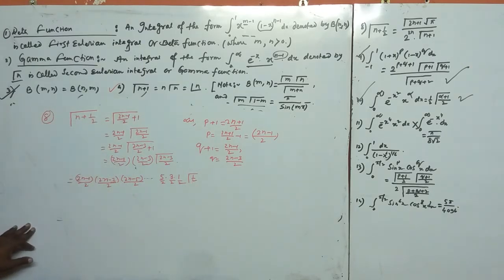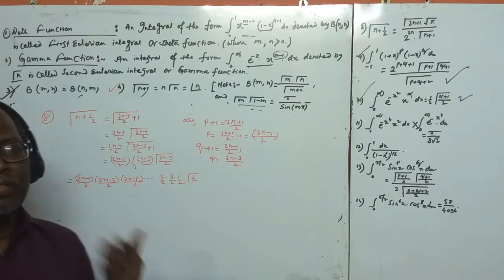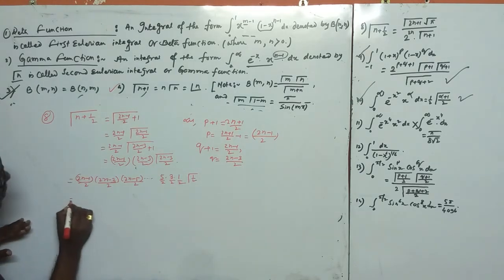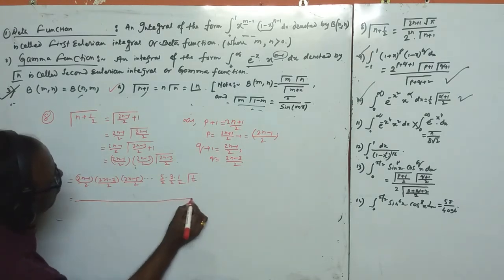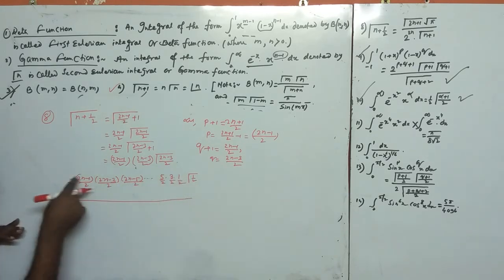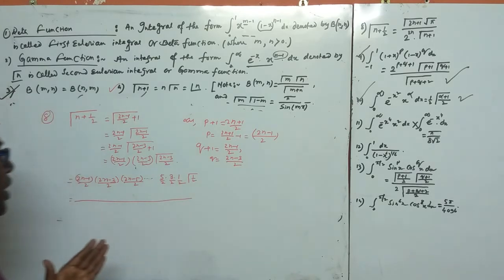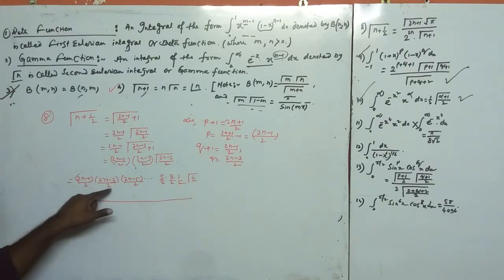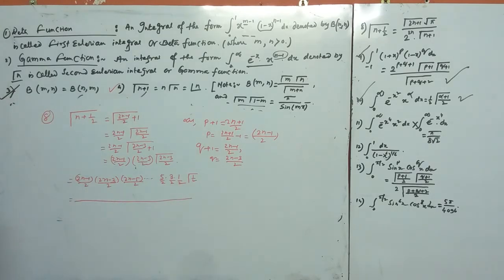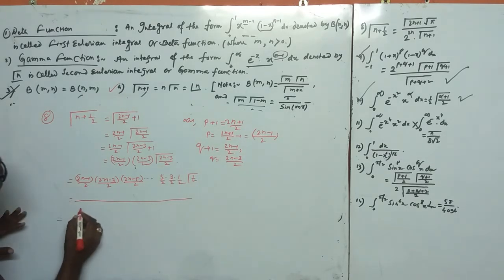We have to introduce, between these odd factors, the even numbers. So 1 to 2n minus 1 are the n factors of odd numbers, and they are the product with the 2 to the power n.